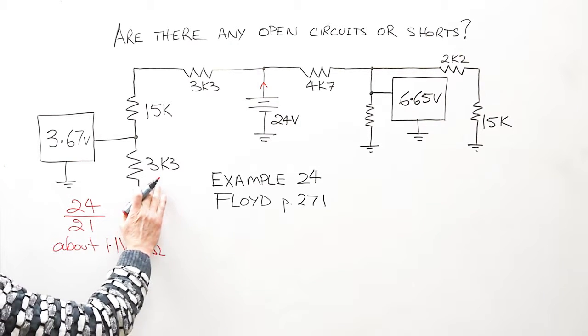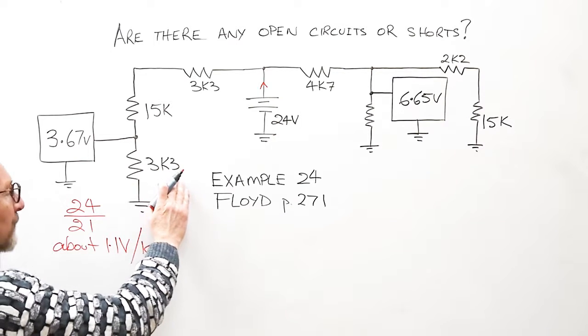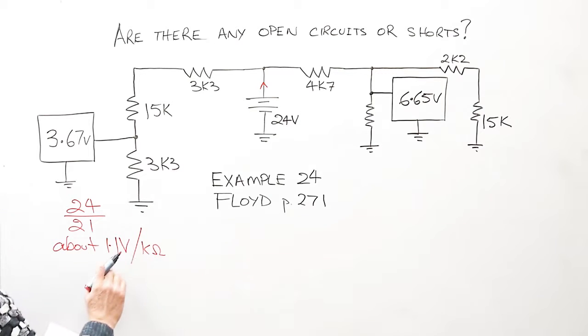Then we've got around about 3.3k there, so 3.3 times 1.1 is going to be around about 3.4, 3.5 volts, something like that.